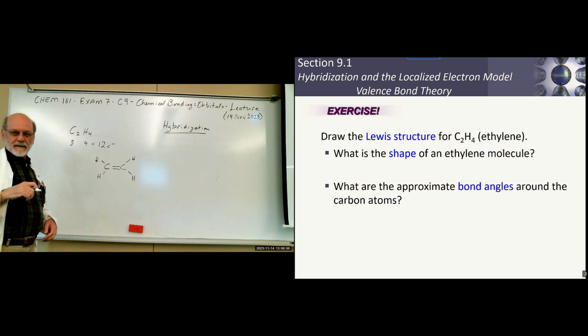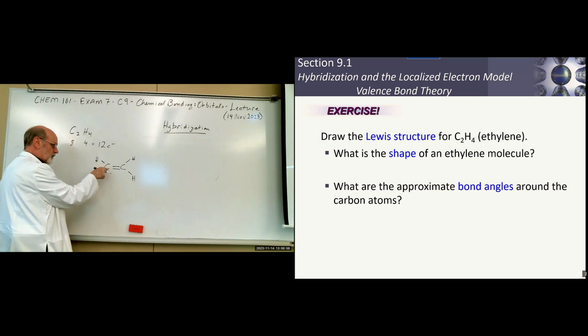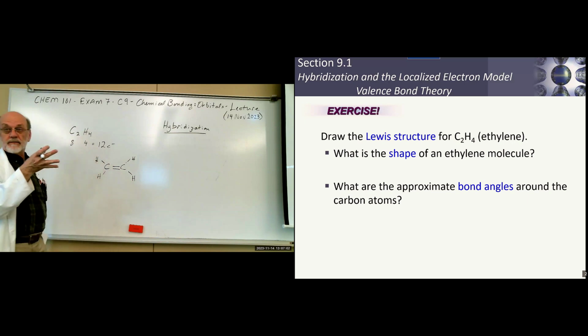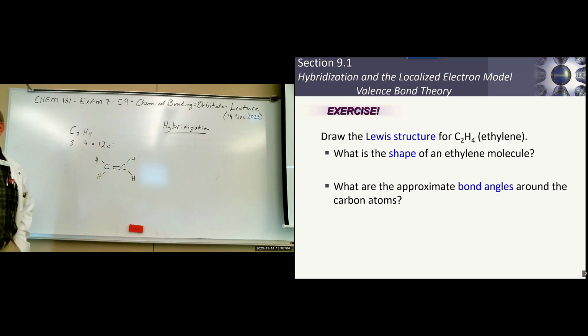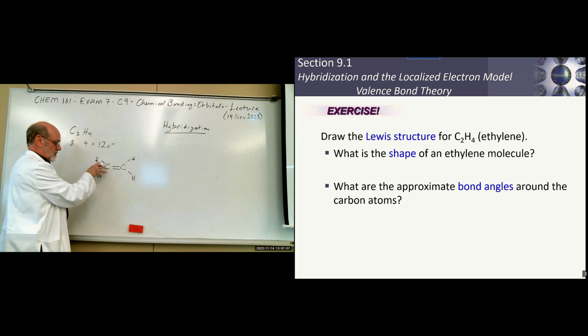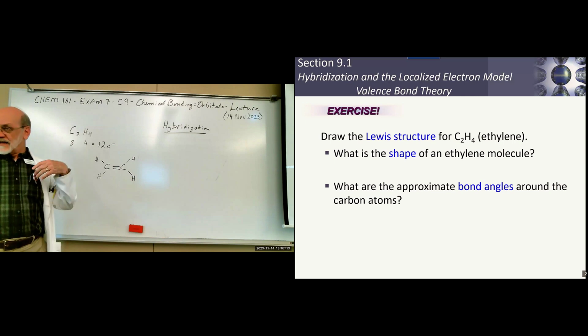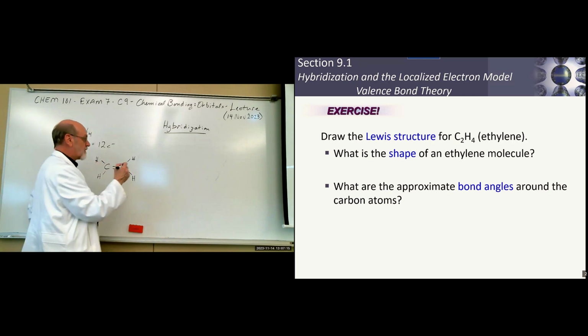Okay, so what would the shape be for each one of these carbons? Because they have 1, 2, 3, 1, 2, 3 around each one of them, so they're going to have the same geometry, right? What would be the geometry if you've got 3 groups? 3 groups, trigonal planar, right?